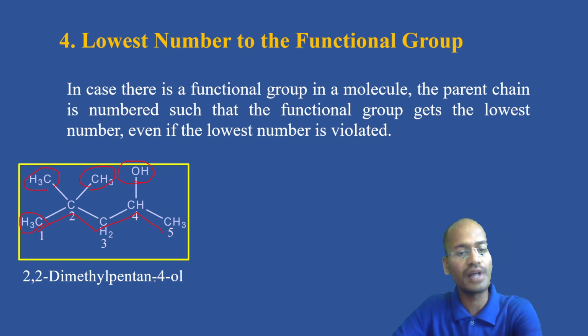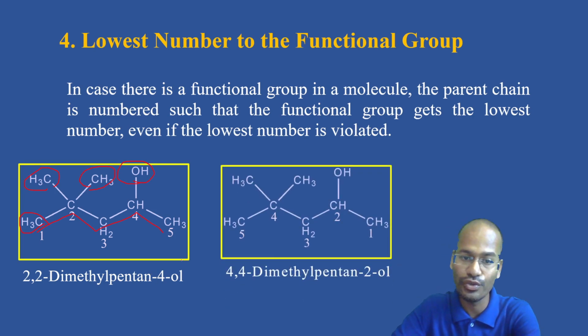Let us see another type of naming for the same molecule, where the numbering was started from this end, 1, 2, 3, 4, 5, the same parent chain taken as the longest possible chain. But the difference is that in the earlier case the functional group was given the fourth position, whereas in this particular case the functional group was given the second position.